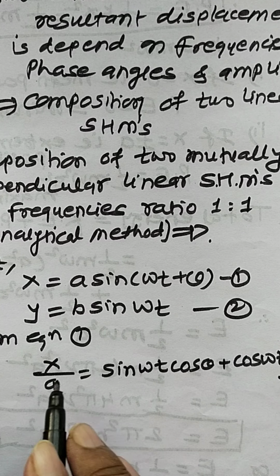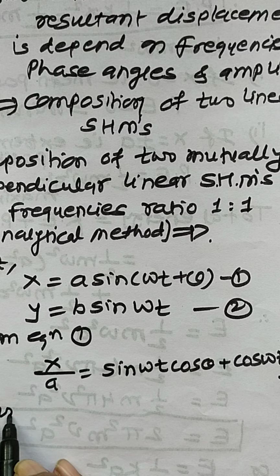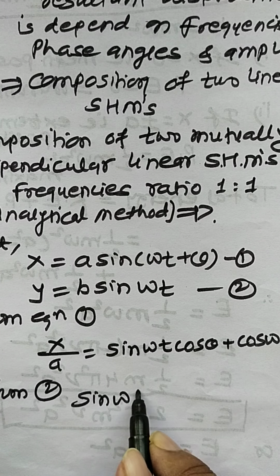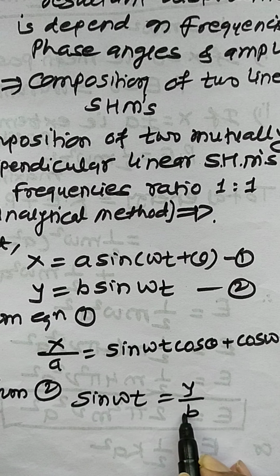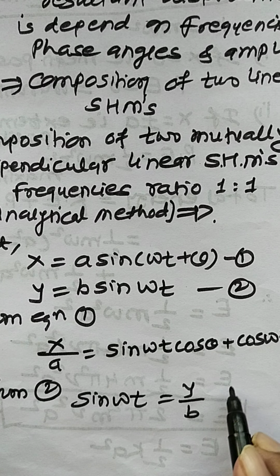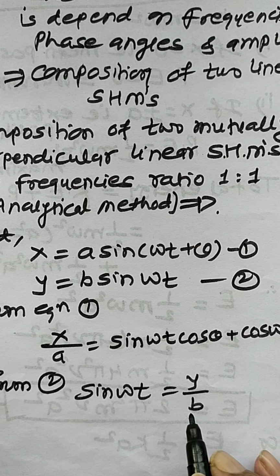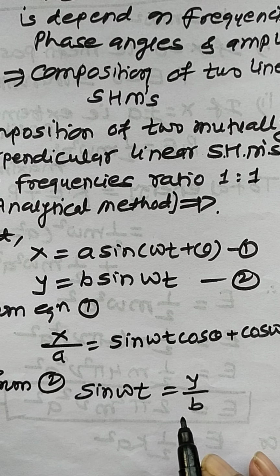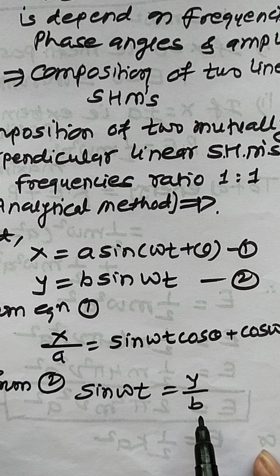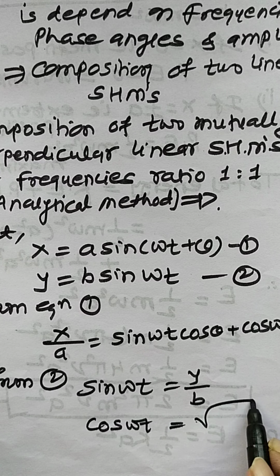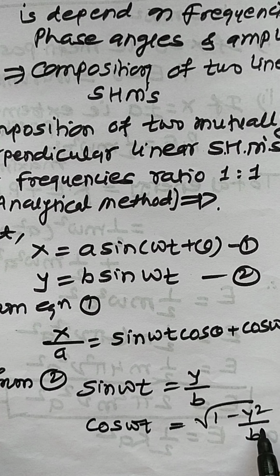And from equation 2, sin omega t is equal to y upon b, and therefore cos omega t is equal to the square root of 1 minus y square upon b square.